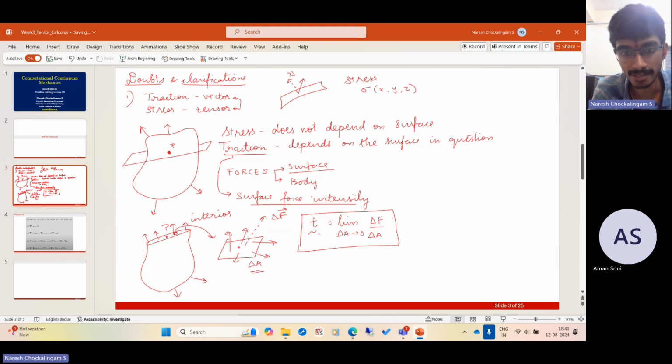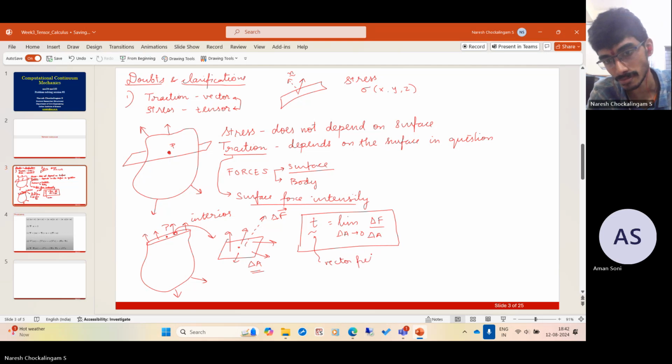So if this limit exists, you say the traction exists. And one of the fundamental assumptions is this traction vector field exists and it is continuous. So this we call the Cauchy hypothesis.